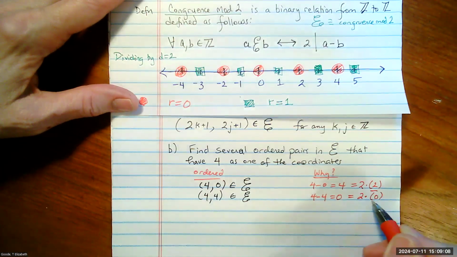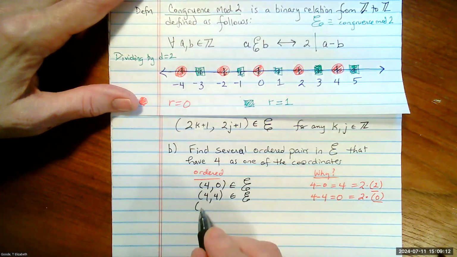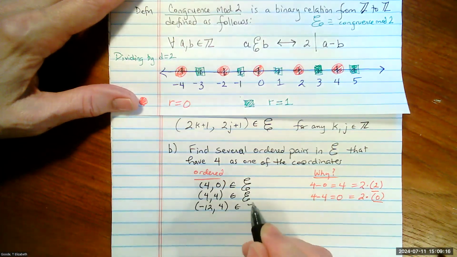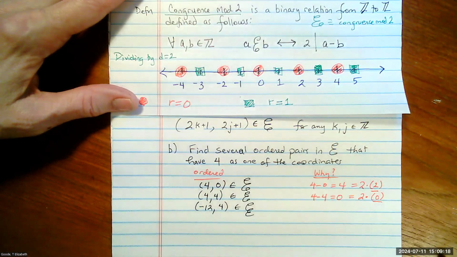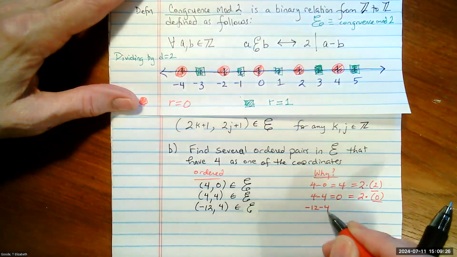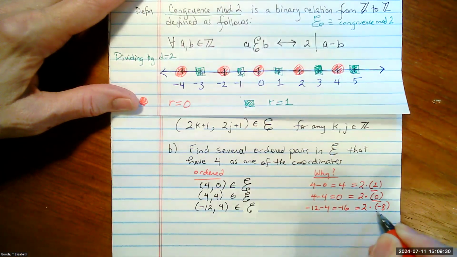It's the 0th multiple. Let's try with a negative number like negative 12 and 4. That's in curly E, right? Because negative 12 minus 4 is negative 16, and of course that's 2 times negative 8.